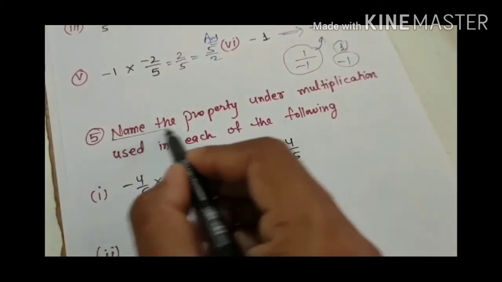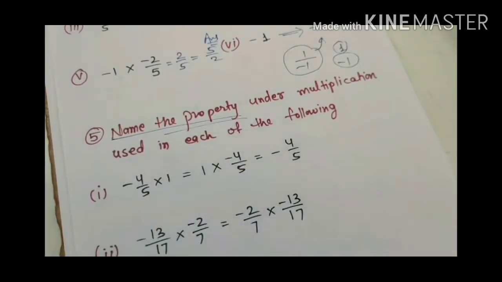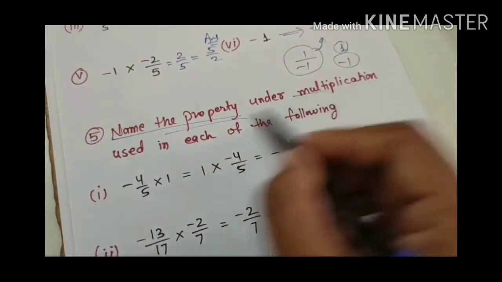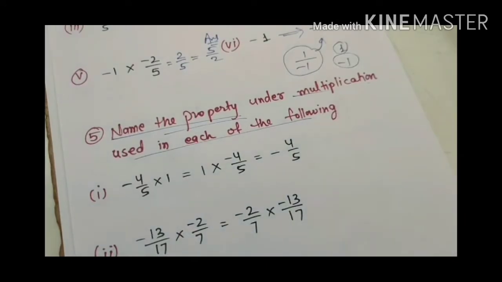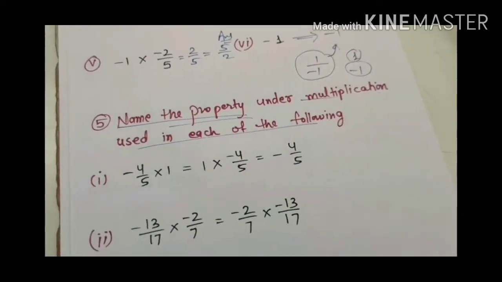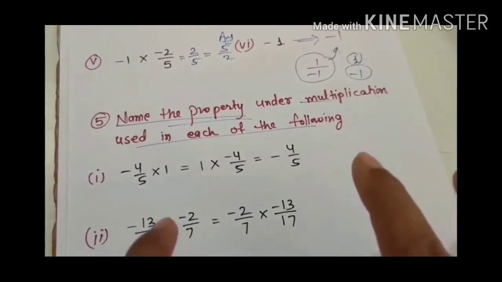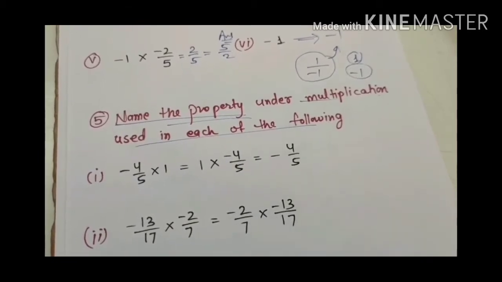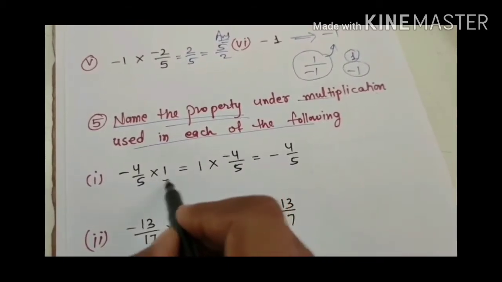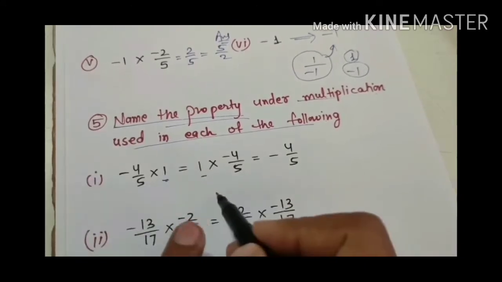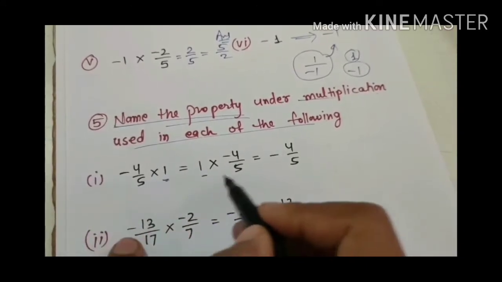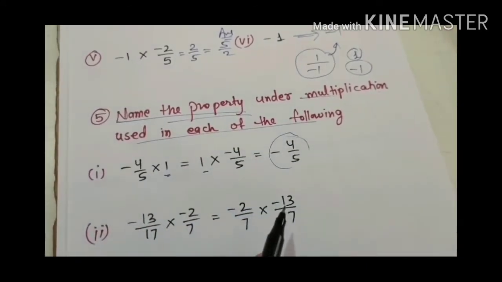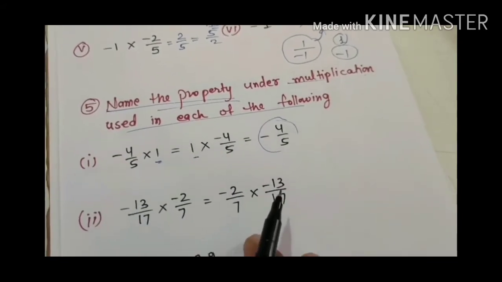Now let's go for question number 5. We have to write the properties' names here. Which kind of properties are used here, we have to say the name. See, as I said that a into b is equal to b into a, in that way.